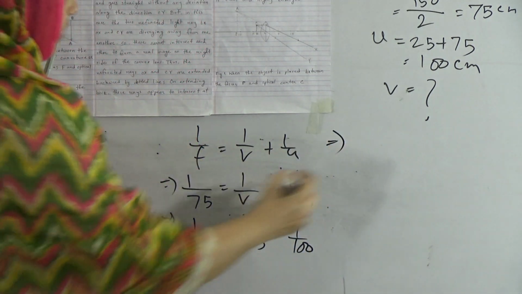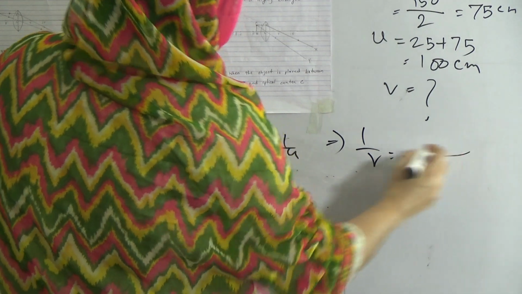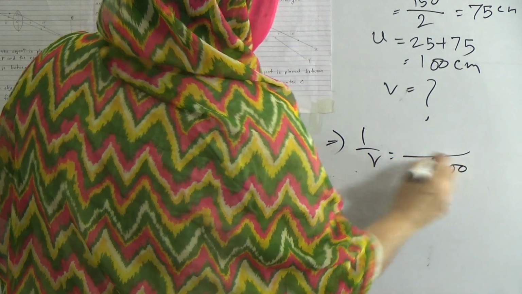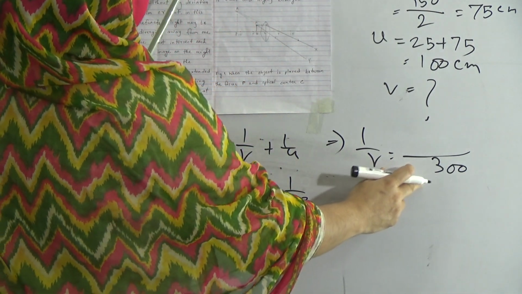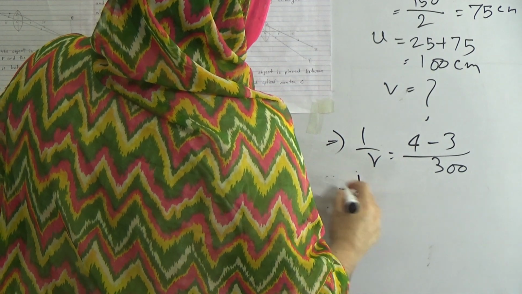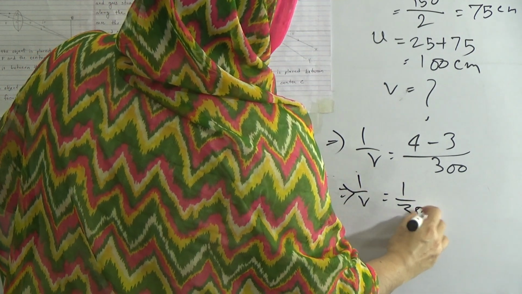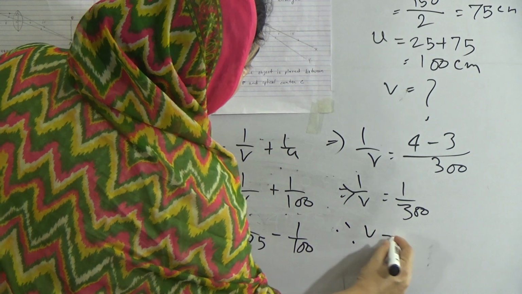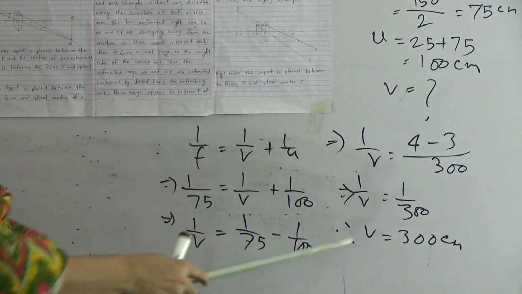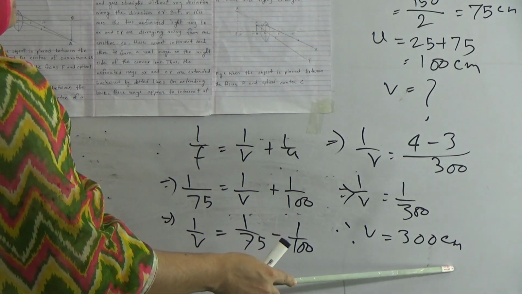We can take the LCM of 75 and 100, it will be 300. So 4 minus 3 over 300, so 1 by V equals 1 divided by 300. So we can write V equals 300 centimeters. So my dear students, the distance of the image will be 300 centimeter.